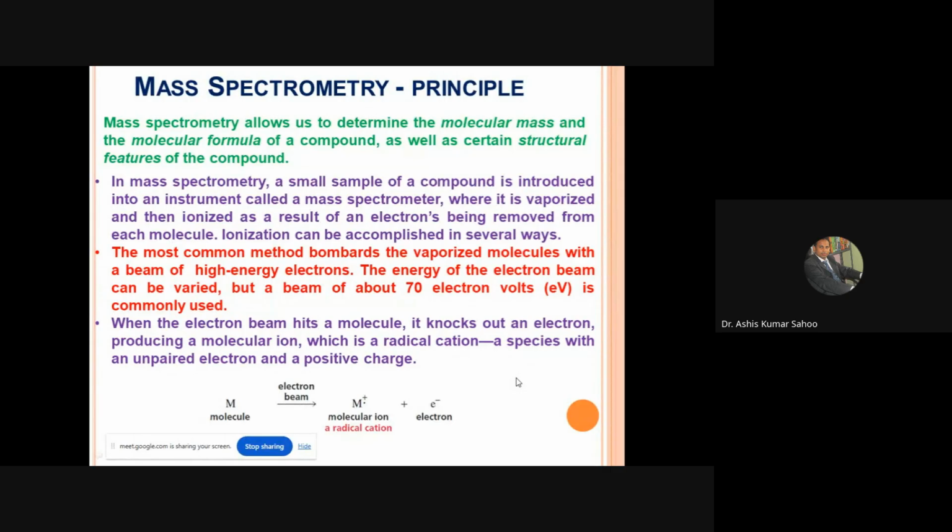This is the most common method of bombardment. Here a small sample of compound is used. M is the molecule. If the electron beam bombards it, we get a molecular ion or radical cation with one electron removed.